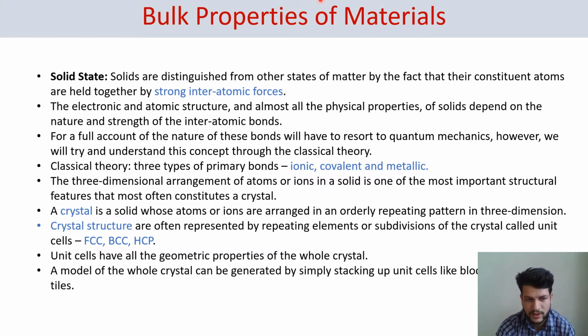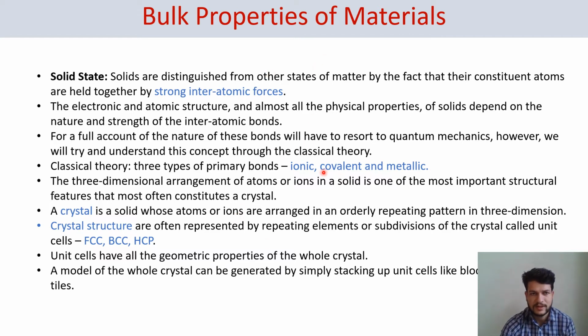A crystal is a solid whose atoms or ions are arranged in an orderly repeating pattern in a three-dimensional fashion. Each crystal is made up of repeating elements or subdivisions, which is called a unit cell. There are different types of unit cells, for example, simple cubic unit cell, face-centered cubic, body-centered cubic, and hexagonal close packing unit cell.